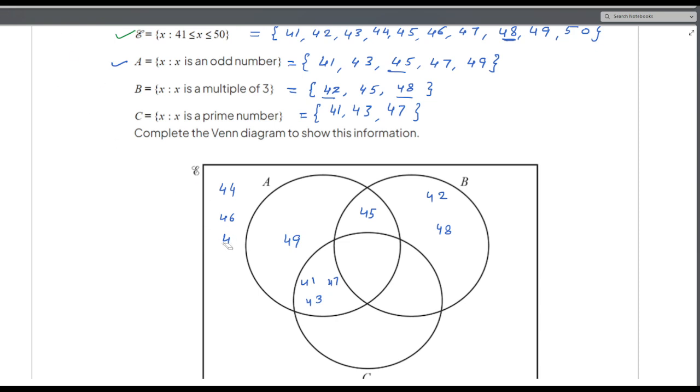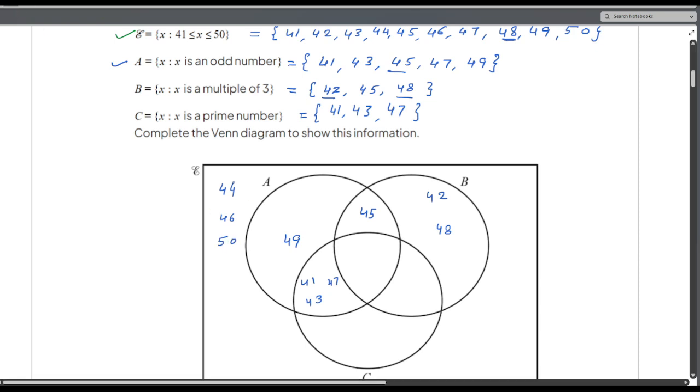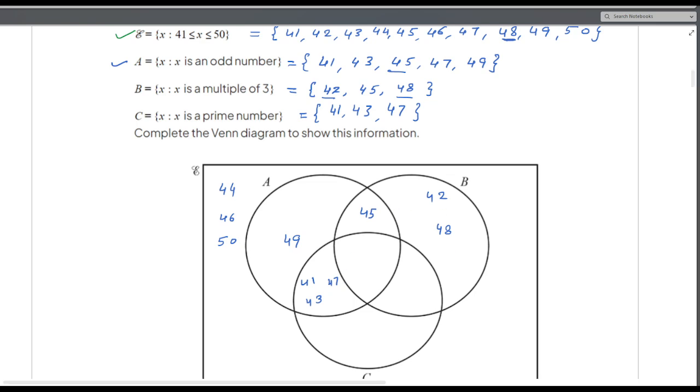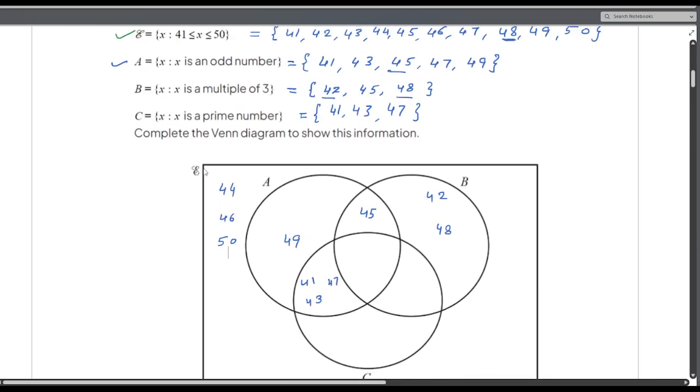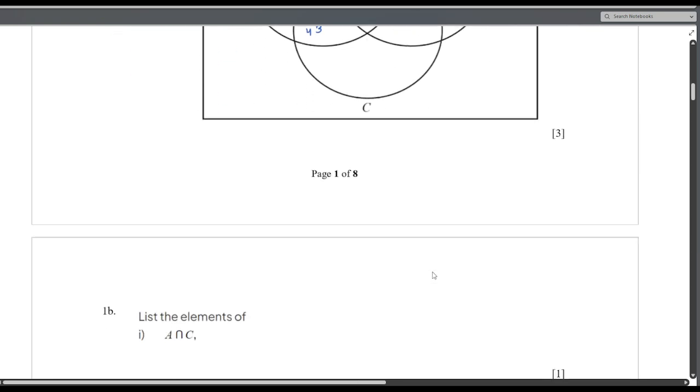So 44, 46 and 50. So 1, 2, 3, 4, 5, 6, 7, 8, 9, 10. Now the universal set includes all 10 elements. Fine. So this completes the Venn diagram to show this information. This is a complete Venn diagram.